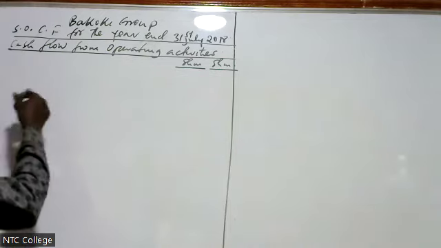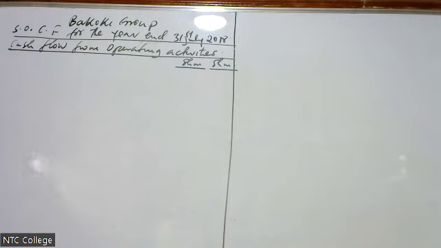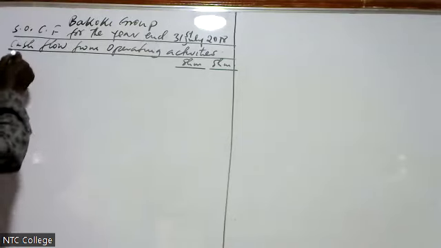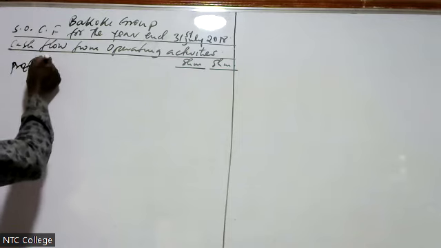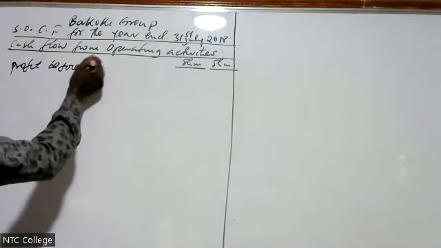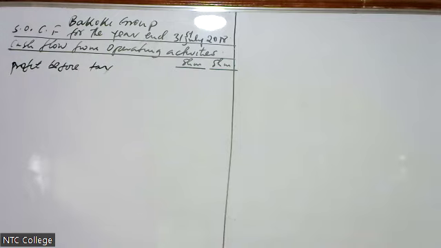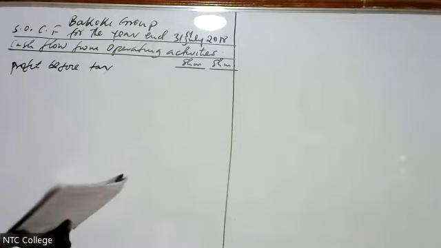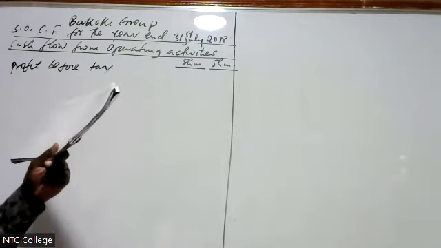Then we begin with, of course, when we are doing the indirect method, we use the net income approach, where you begin with profit before tax. And always this is a free mark, because I just go to my income statement and check profit before tax.